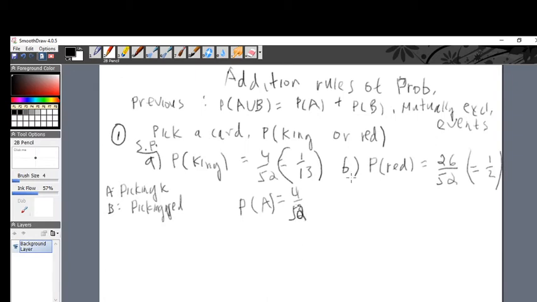I don't care about the 1 over 13. The probability of B, that's red, is equal to 26 over 52.